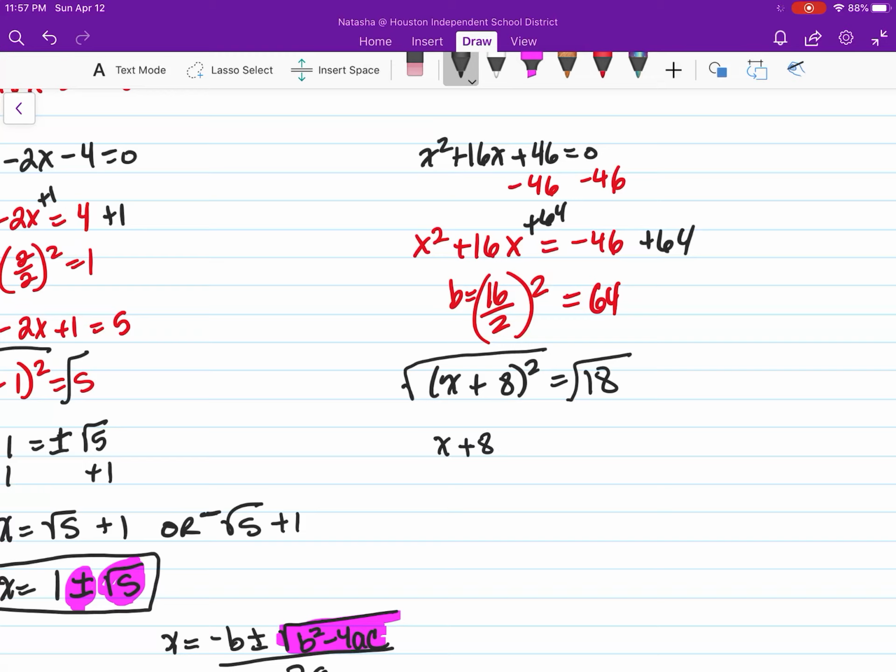18. Okay, so again, just like we did on the left problem, we're going to take the square root of both sides. So this is going to give me x plus 8 equal to plus or minus. Now, make sure that you simplify your radical. The highest perfect square that goes into 18 is 9, and 18 divided by 9 is 2.